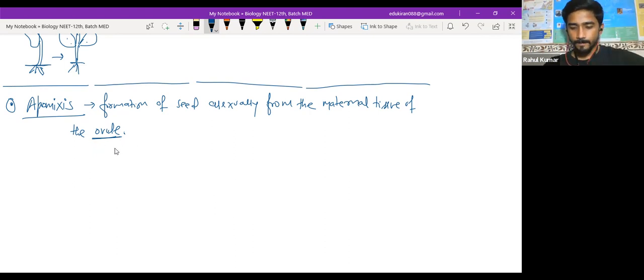So write down, in apomixis, the process of meiosis or fertilization is avoided or is not present. So no meiosis takes place and no fertilization takes place.